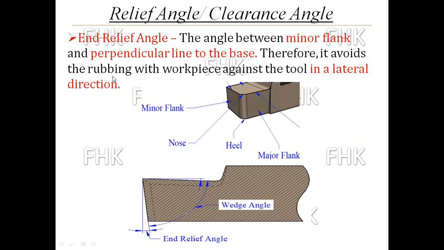Therefore, it avoids the rubbing of the workpiece against the tool. If that angle is not provided, the area of contact between the workpiece and the tool flank is more, so the rubbing action will be more, heat generation will be more, and tool life will be less.